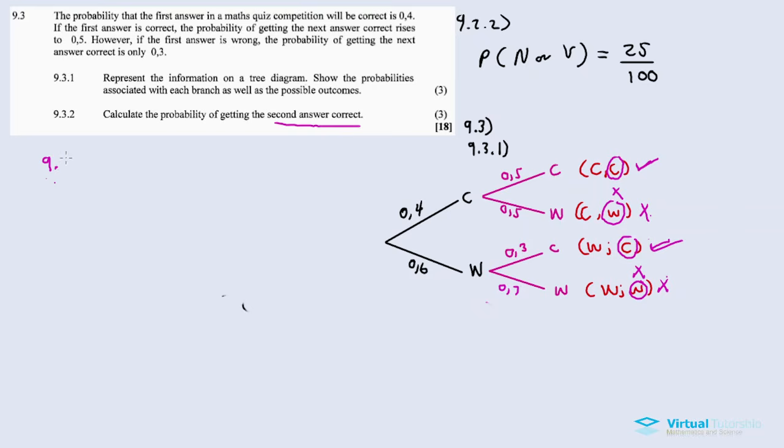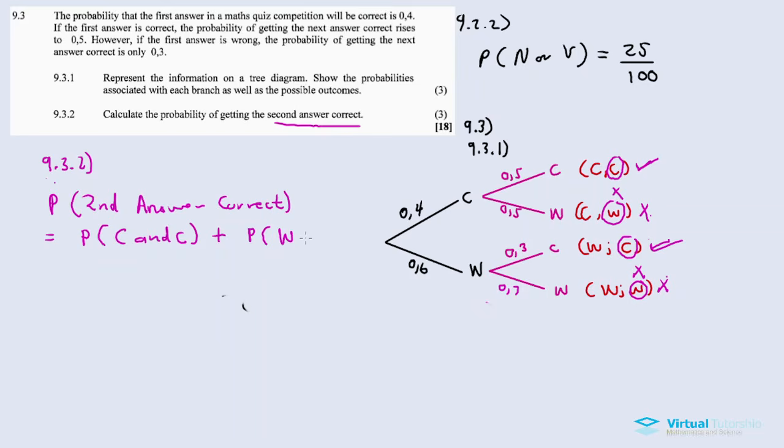9.3.2. So the probability of the second answer correct is actually equal to the probability of branch C and C, plus the probability of branch wrong and correct.